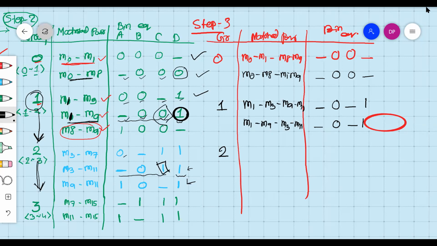M11 and 15, so this is not matching. So if you compare this first one with this, it's matching, right? So we will take M3 M7 with M11 M15, right? So it will be underscore and again underscore 1 1. Okay.